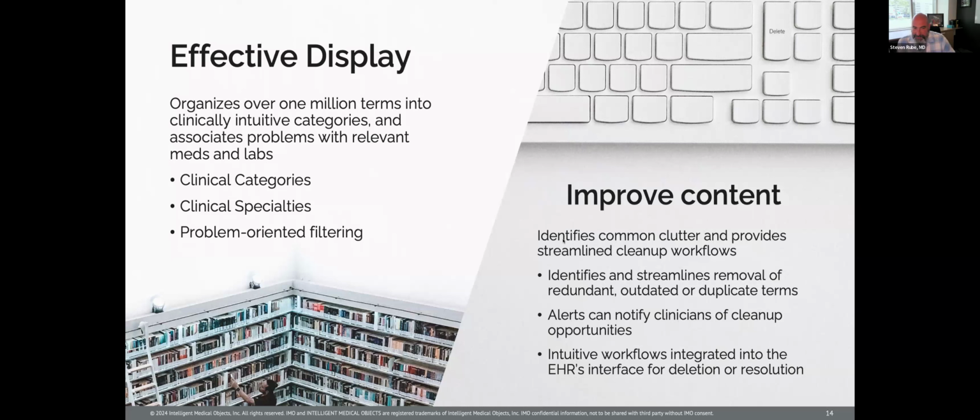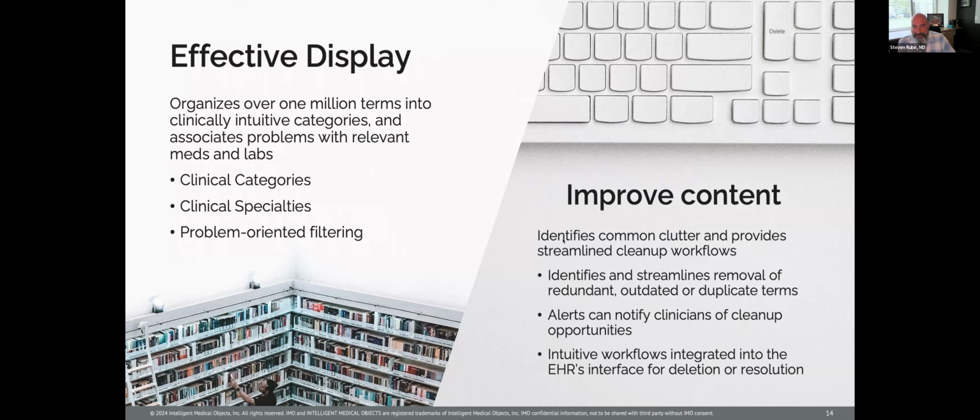Part of our deep-seated belief is that humans really need to make the final decision. But if we could tee up suggestions in a way that would make it very easy for an individual to clean up a section or the entire problem list, that would be very beneficial.